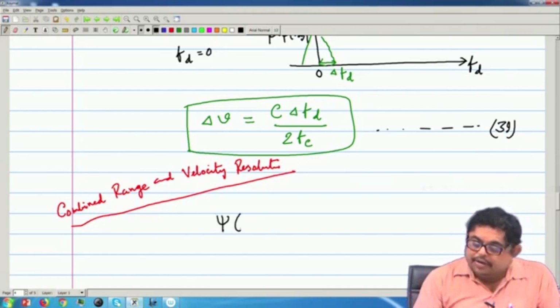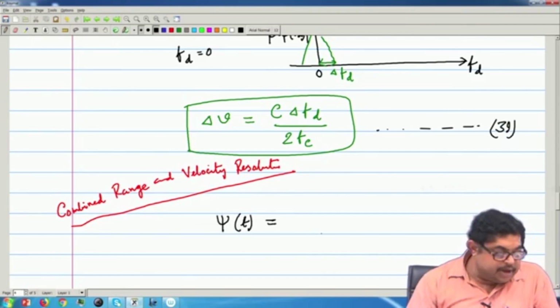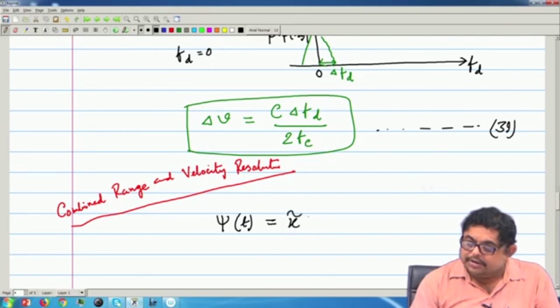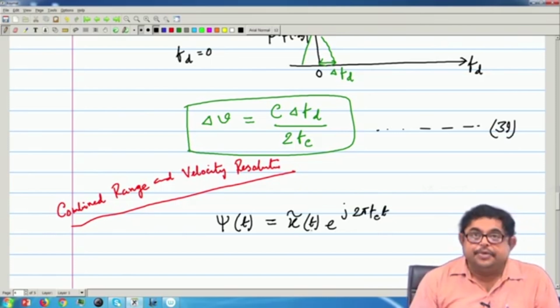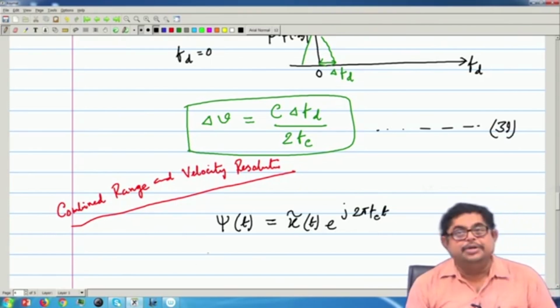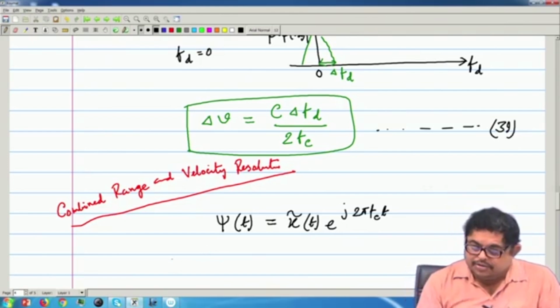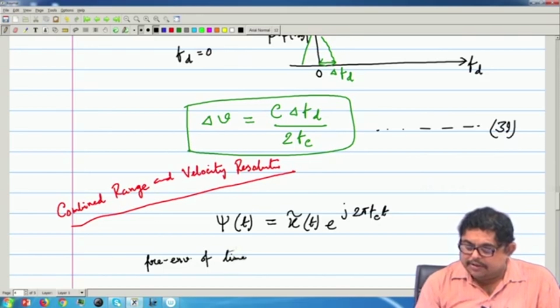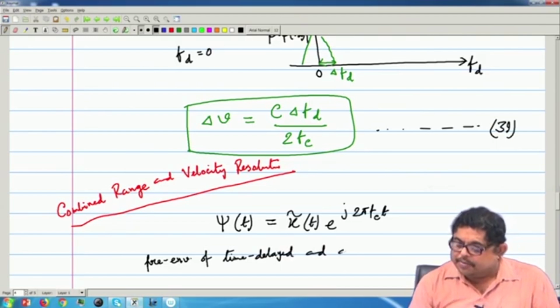So, again I will now hurriedly go that the pre-envelope of the transmitted waveform, let us say it is x t, as before, and then what will be the pre-envelope of the time delayed and Doppler shifted echo.